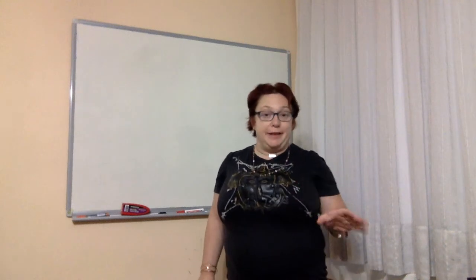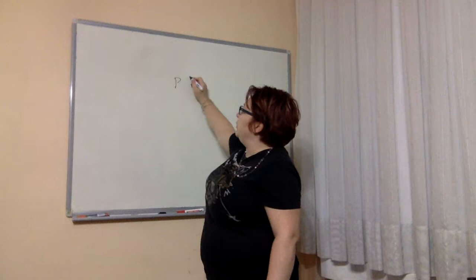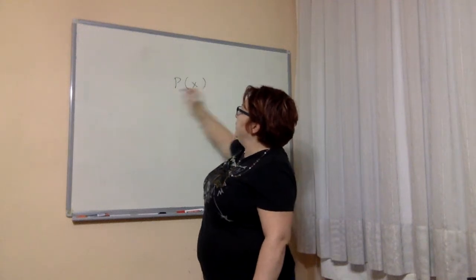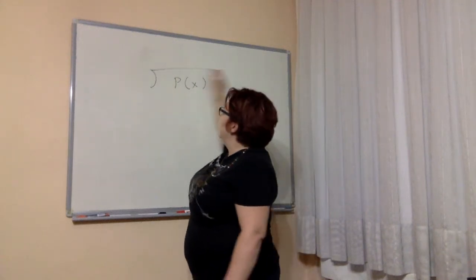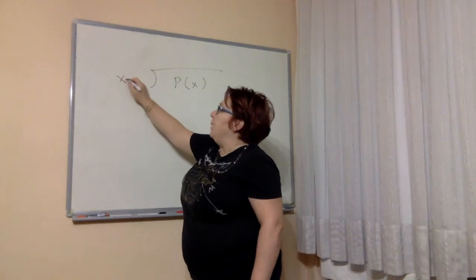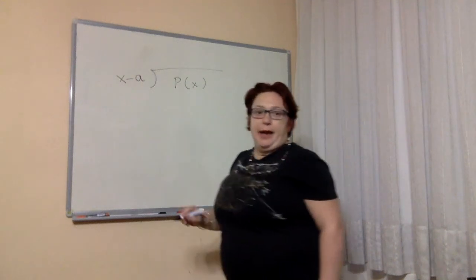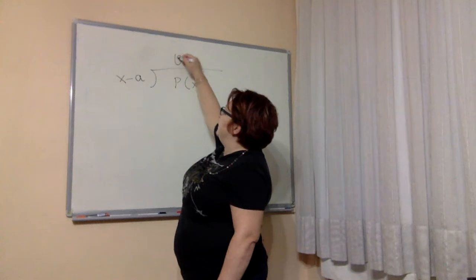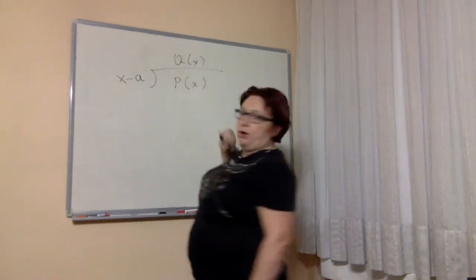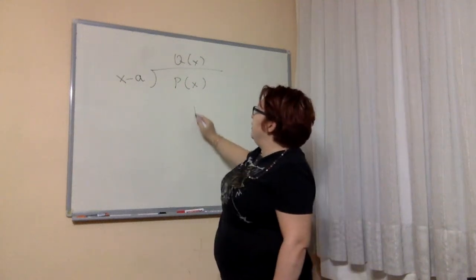binomial that is linear. If we divide some polynomial p of x by a binomial x minus a, we know we will get some quotient polynomial and a remainder.